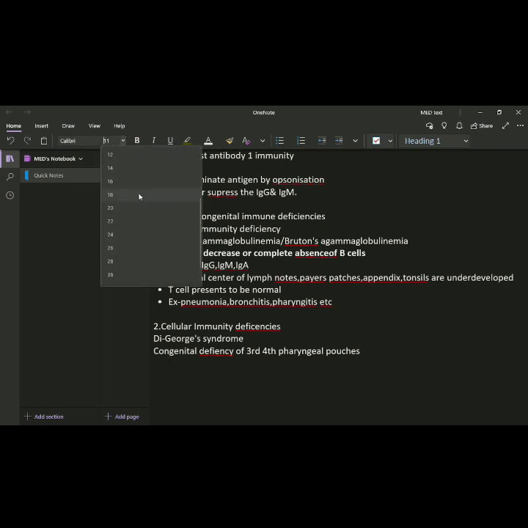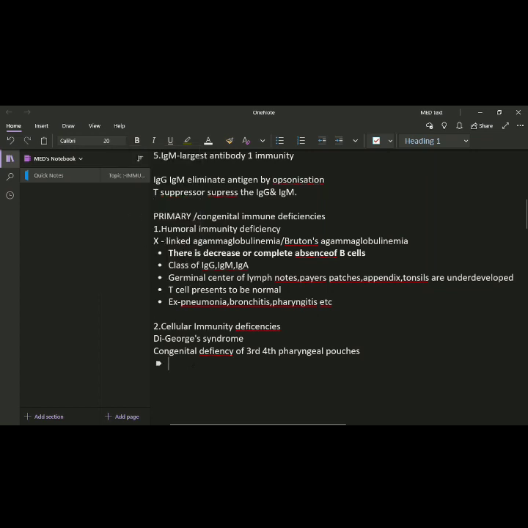The T cells are proliferated and matured in the thymus. So if there is hypoplasia of thymus, even the T lymphocyte number will decrease.